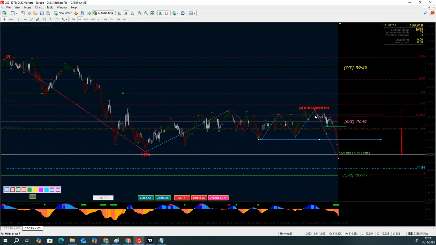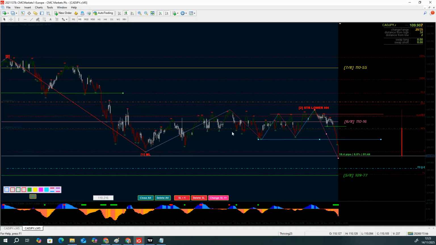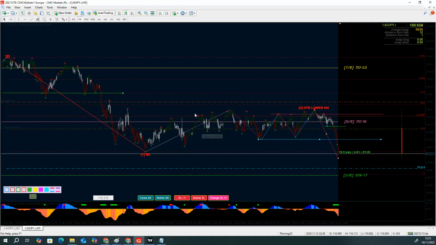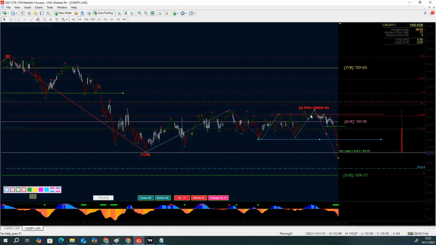On a good day, I'll take that entry there. But because of how congested this area was, okay, that was a strong accumulation there. They took their time to congest this area, and that's why I didn't take a sell there.